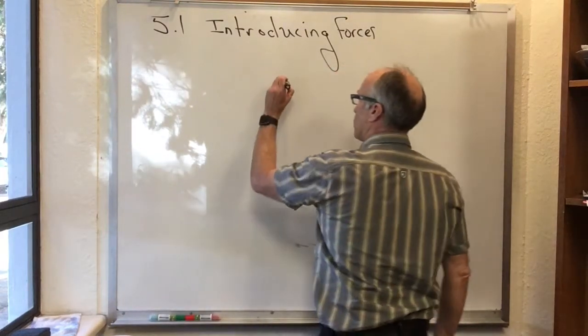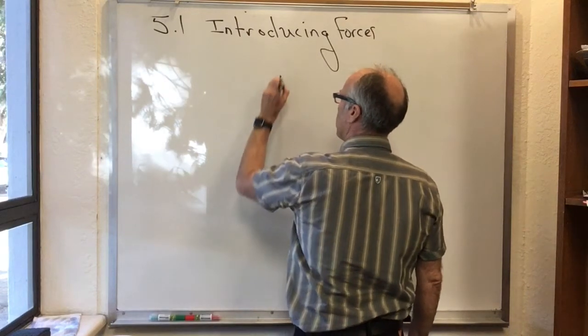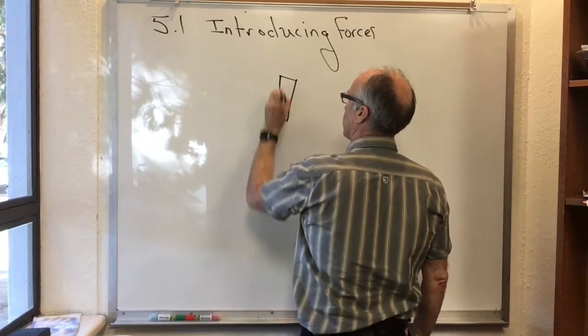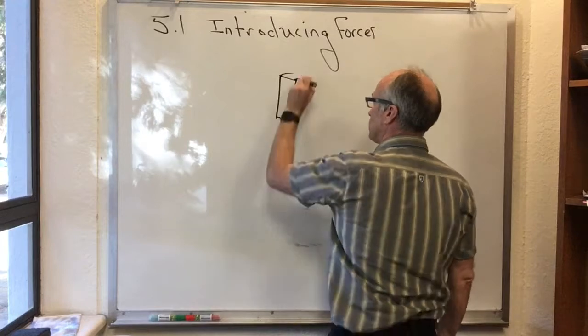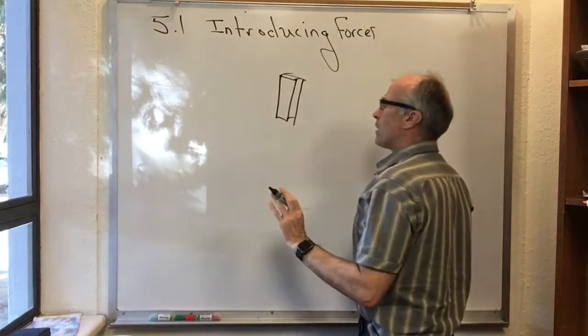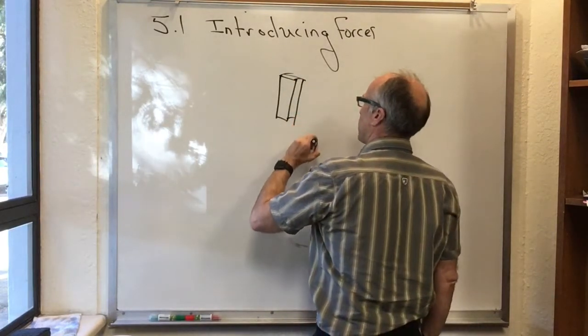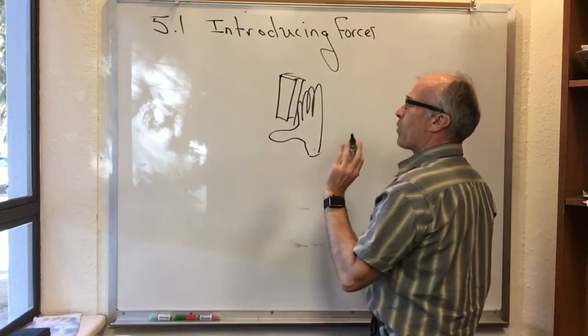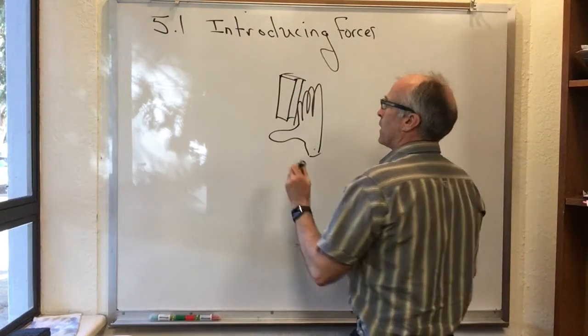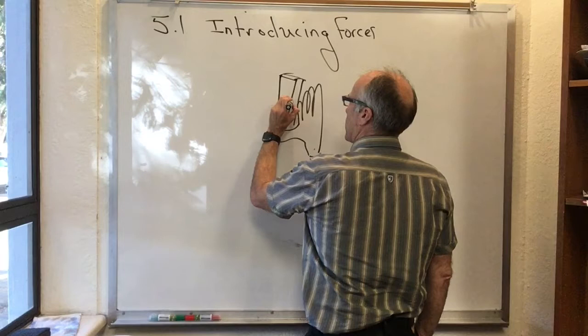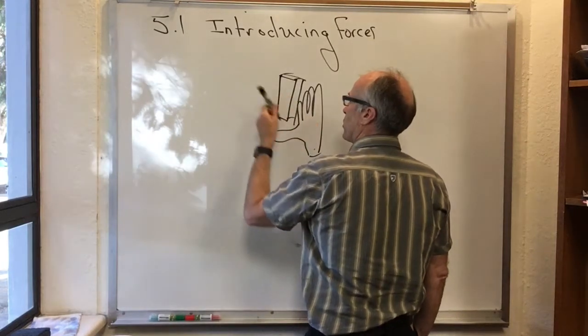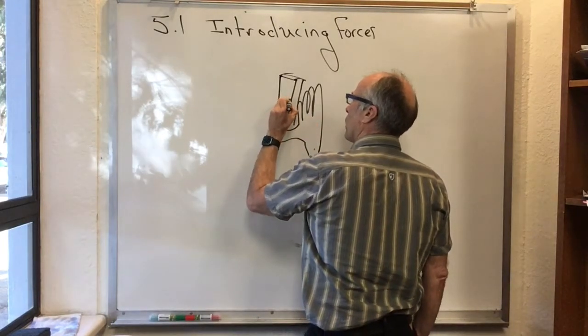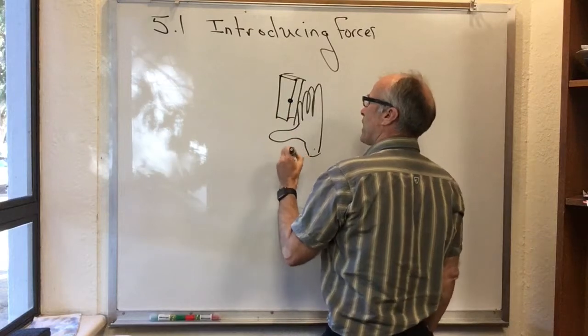So let's draw this little eraser here. Here's my eraser. Here's me pushing on the back side of the eraser. And the way we draw a force is, if we're talking about the force of my hand pushing the eraser, well, it has an amount and it has a direction.